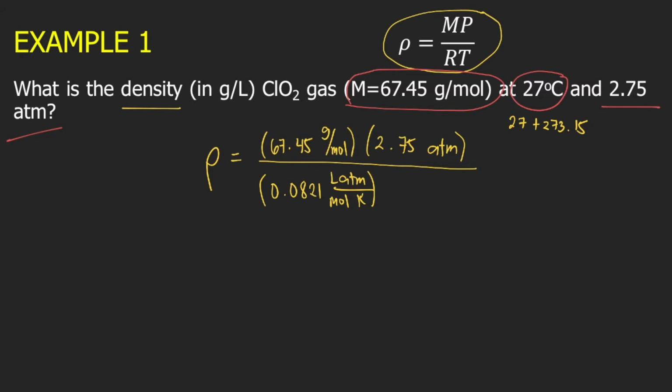So 27 plus 273.15, that is equal to 300.15 Kelvin. So our temperature is 300.15 Kelvin.